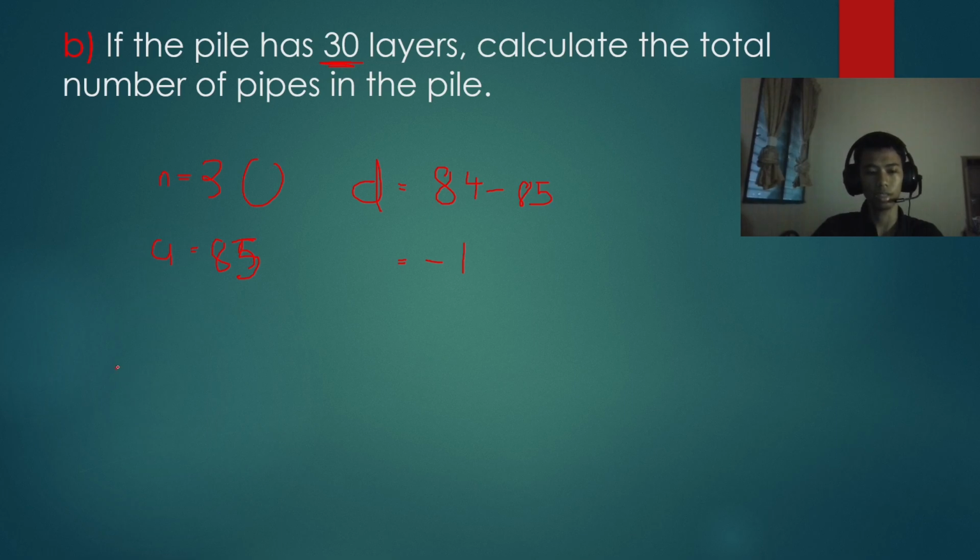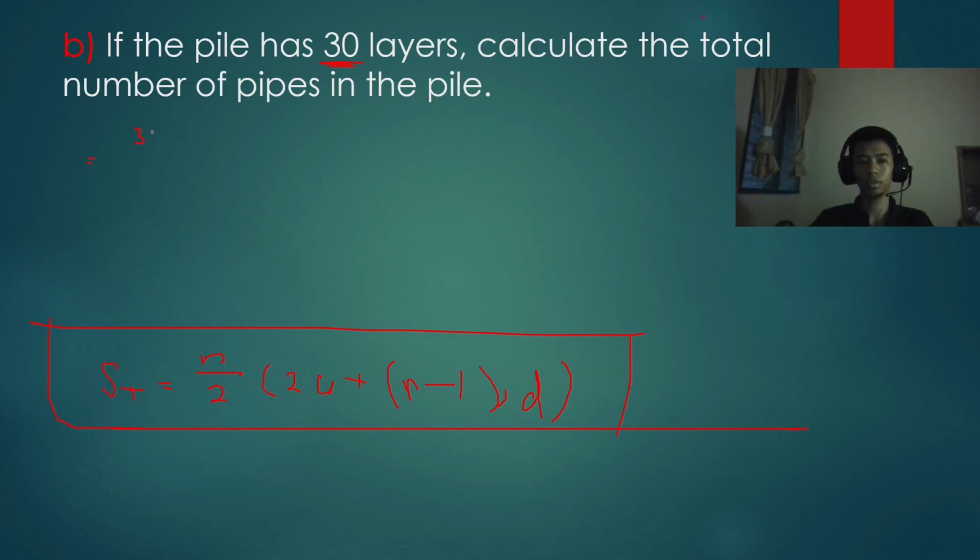So our formula here is S total, sum total, n over 2, bracket, 2a plus n minus 1, bracket d, and another bracket in the end. 30 over 2, bracket, 2 times 85 plus 30 minus 1, bracket, negative 1, bracket. We got 2115 pipes for the pile of 30.